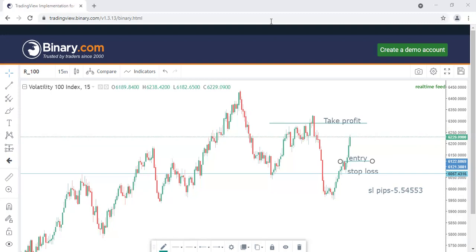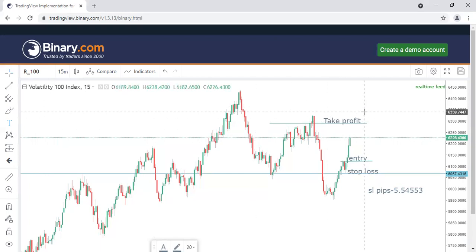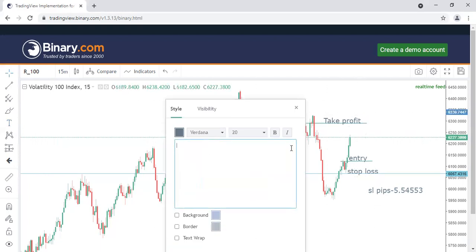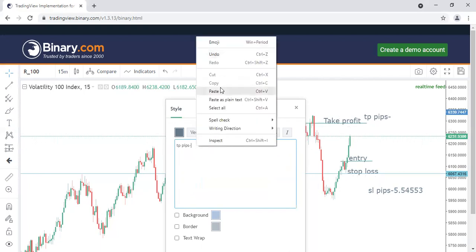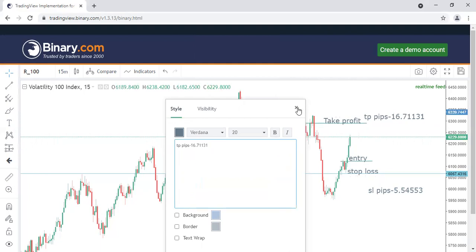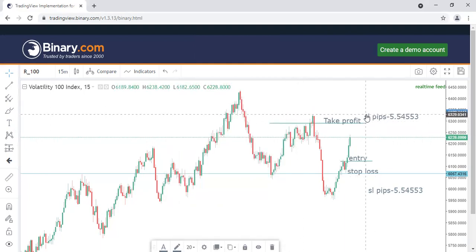We have divided by 10, so that will be 16.71311. I copied that already, so that will be TP pips. So there you have it. So those are our values.